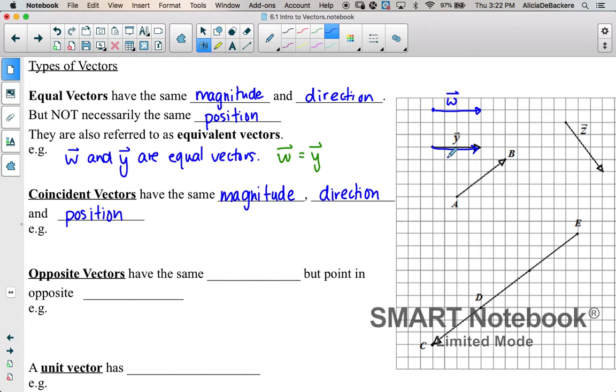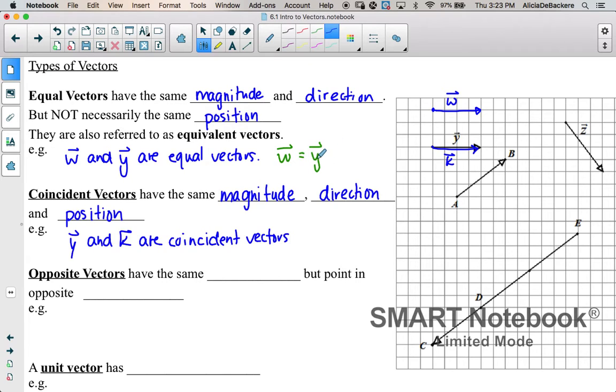So maybe I'll call this vector k. I'm just making sure I'm not repeating any letters in my diagram. So now I can say that vector y and vector k are coincident. Now, if two vectors are coincident, they're also equal.